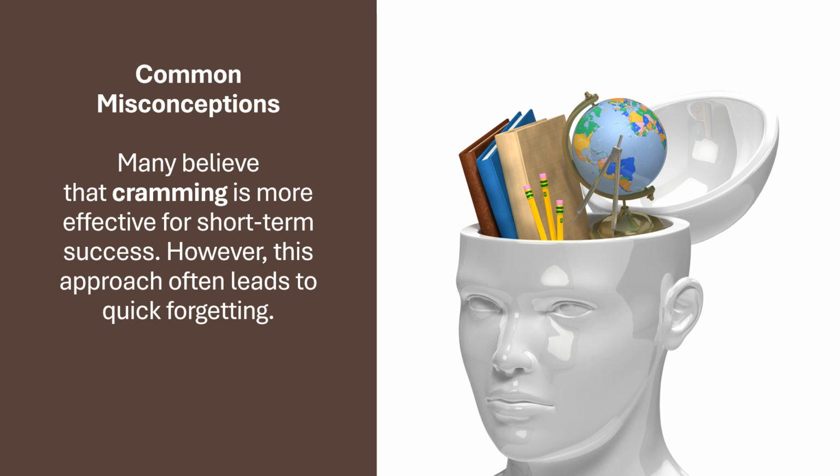Read before bed. Reading something before going to bed can help you remember information. Get enough sleep. Your brain needs sleep to store memories. This method leverages the natural decline of the forgetting curve by reinforcing memory just as it begins to fade.